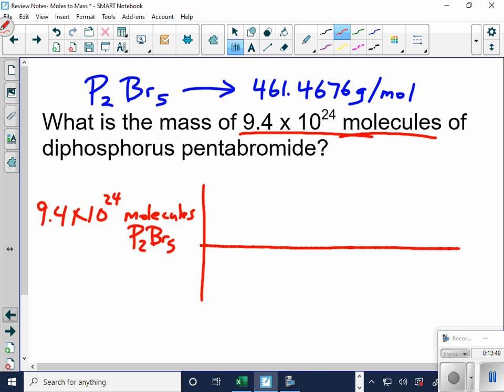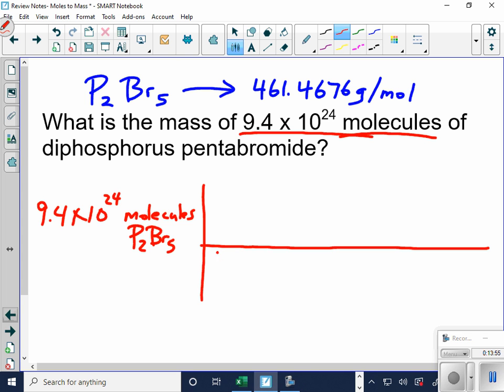Now, I've got a two-stepper, so I'm going to make a little bit longer conversion box. I have molecules right now, and I need to go to moles. So this is an Avogadro one.